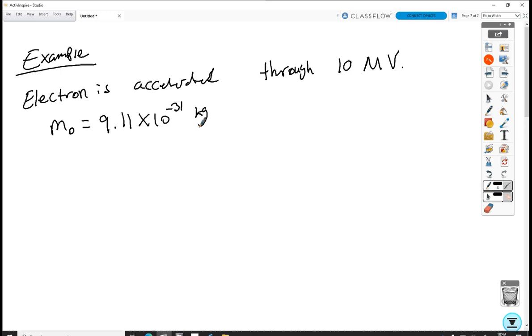So number one, we calculate the gain in kinetic energy. Number two, we're going to calculate the mass of the electron in terms of m naught.